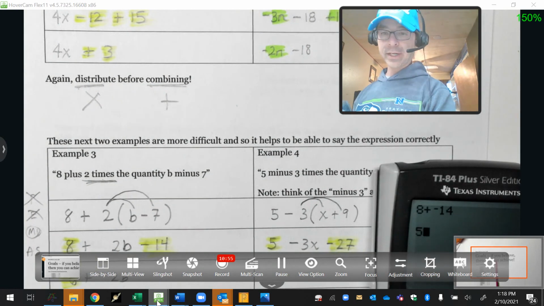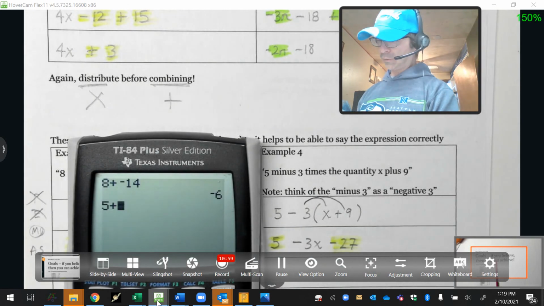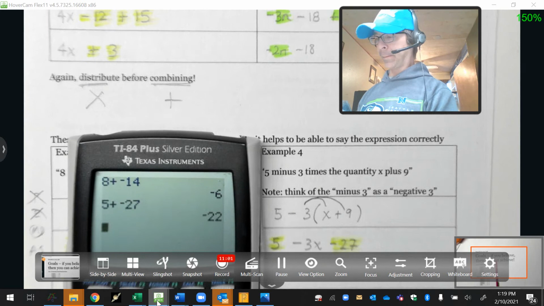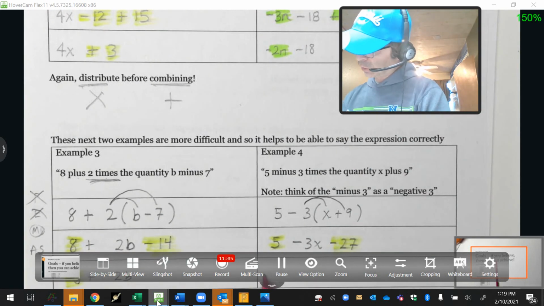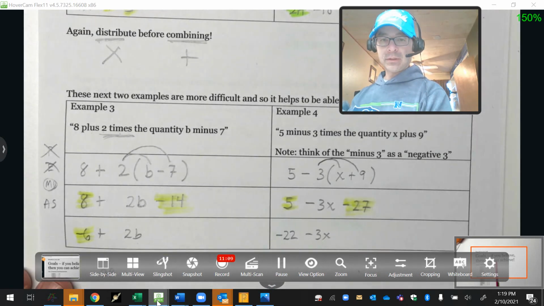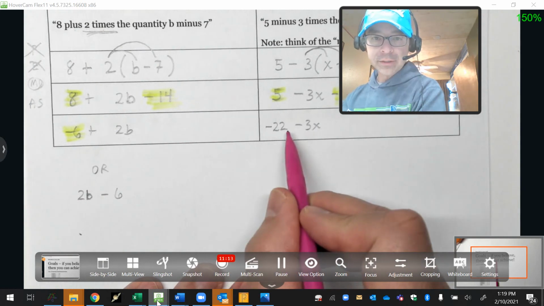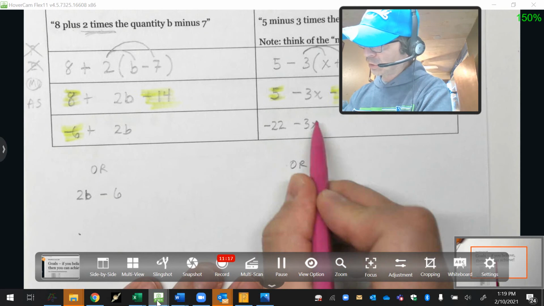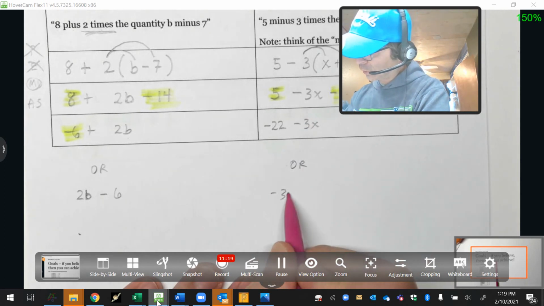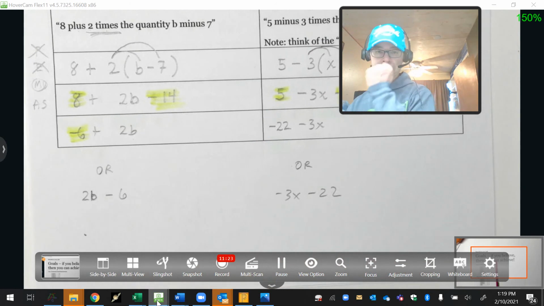Positive 5 plus a negative 27. Bam! Negative 22. So I get negative 22 minus 3x. This is fine, perfectly fine. But the best answer is you put this negative 3x in the front, put that negative 22 in the back like that.